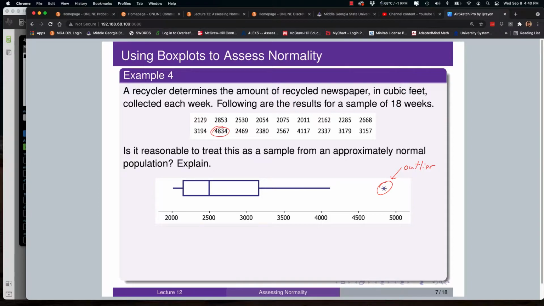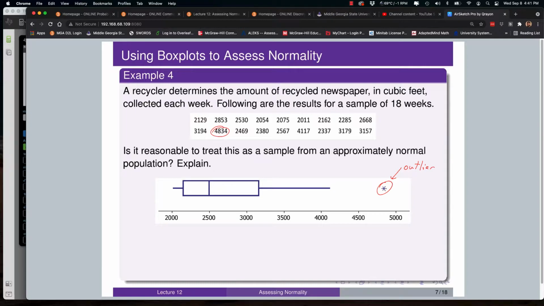So even if we removed it and looked at the rest of the data, it doesn't guarantee that another outlier might not pop out. Whatever the data value is here at the end of this top whisker might actually reflect another outlier if we removed the true outlier that we currently see and redid the box plot. We may get another outlier. So removing outliers is not always going to help you out. That's what I'm trying to get at here.